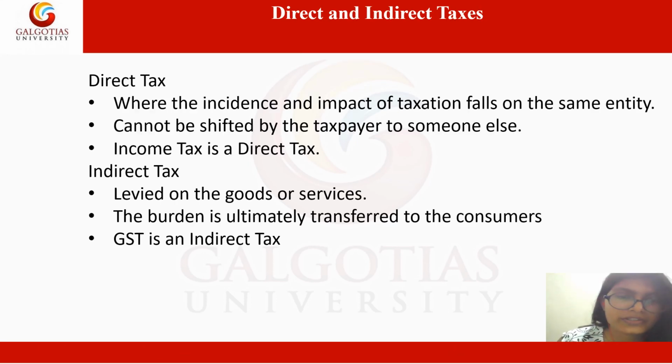So let's start with the direct and indirect taxes. Firstly, a tax is a kind of compulsory charge that is levied by the state in the common interest of everyone. There are two types of taxes: direct tax and indirect taxes. A direct tax is paid directly by an individual to the imposing entity.